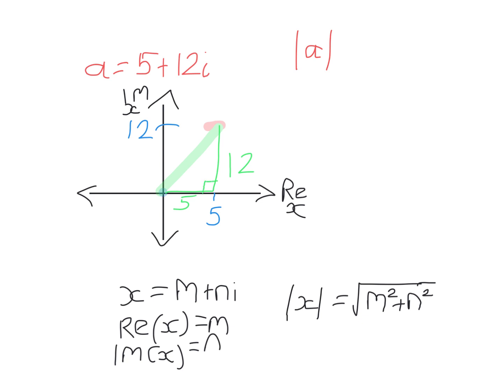So using Pythagoras, this length here is just going to be the square root of 12 squared plus 5 squared. It's going to be the square root of 169, which is 13. The size of a here is said to be 13 because the square root of 5 squared plus 12 squared gives me 13. And that will allow us to compare the size of complex numbers.